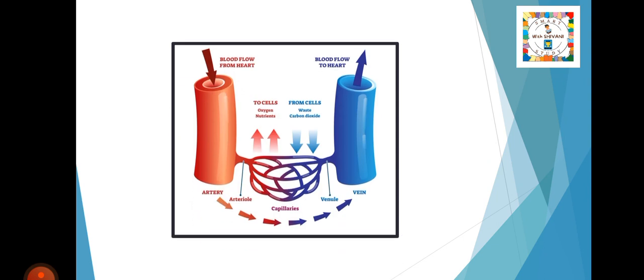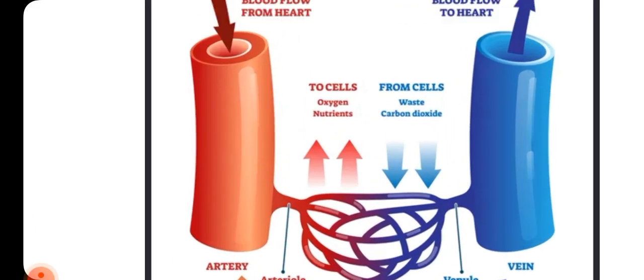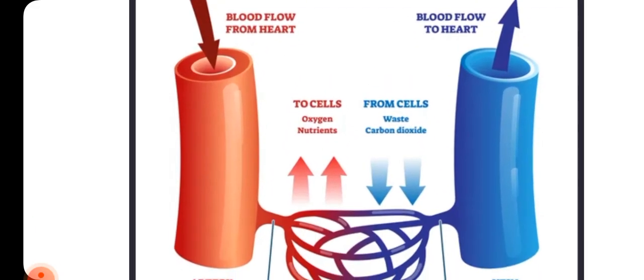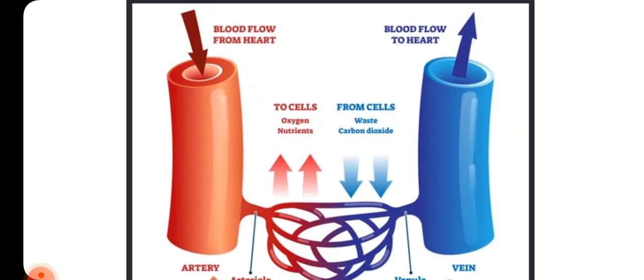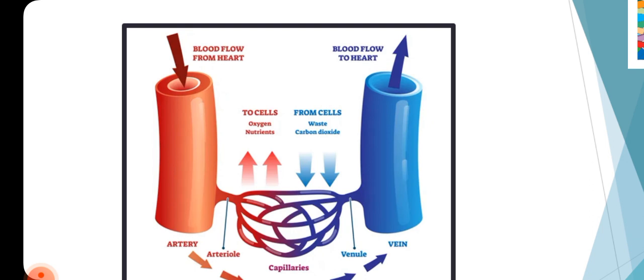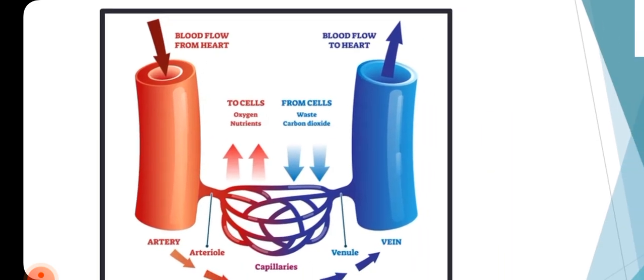Now looking at the different types of blood vessels, over here you can see that red color coding is done for the artery, which is having oxygenated blood. So blood flows from the heart, it enters into the artery and it is having oxygen and other nutrients. So this will be carried to the different cells or different organs or different parts of the body. Then come the capillaries.